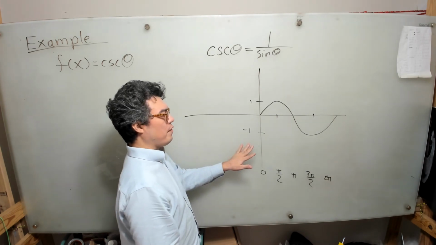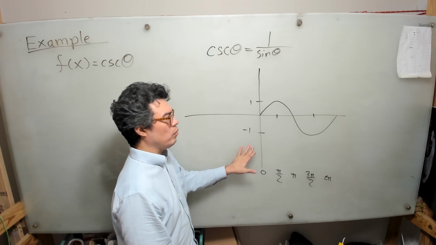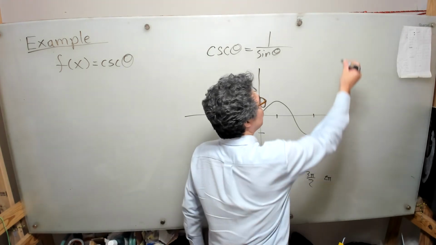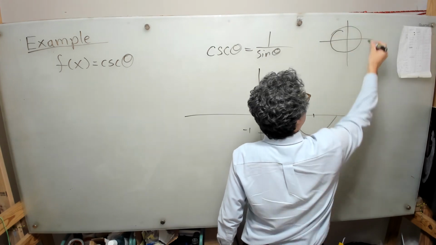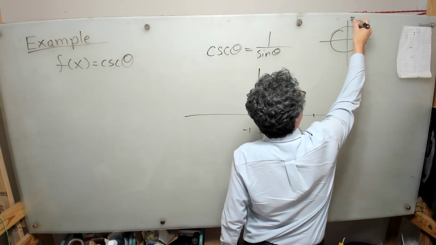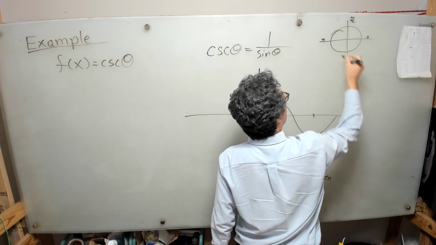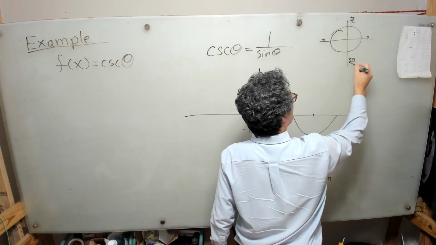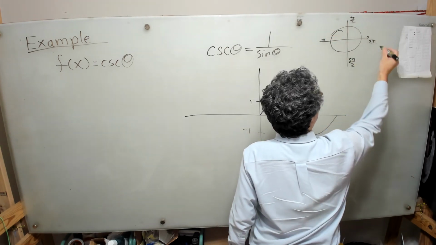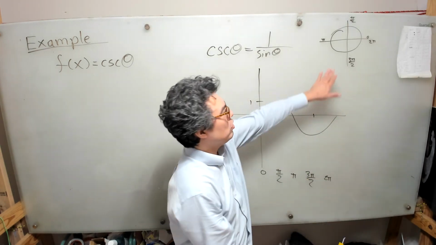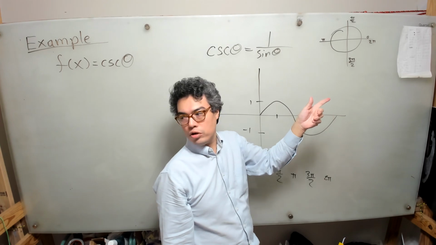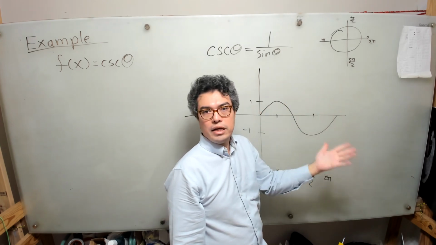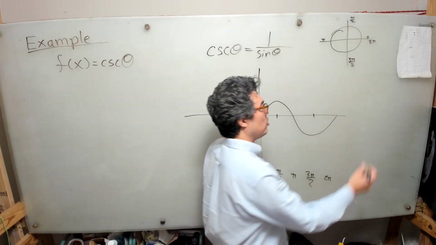We saw this when we were graphing the sine, and if you ever forget what these values are, you can always draw a little unit circle on your paper. You can remember that the angles are 0, pi over 2, pi, 3 pi over 2, and 2 pi. And because this is a unit circle, it has unit radius, and whenever we think about the unit circle, the sine of theta is the y value of the corresponding point.